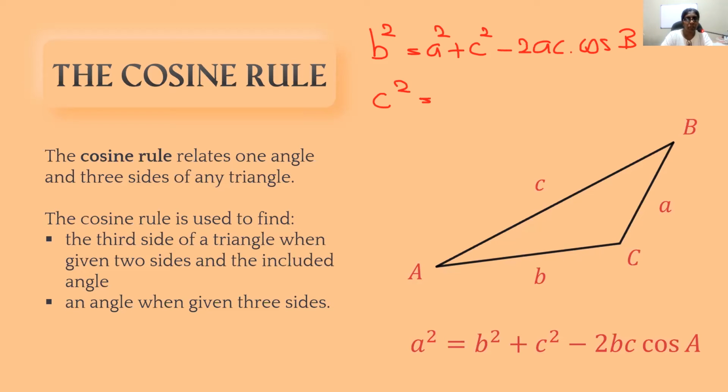Minus 2ac cos B. Very good. So children, usually it's enough if you remember one, and you can get the other two from this equation, right?